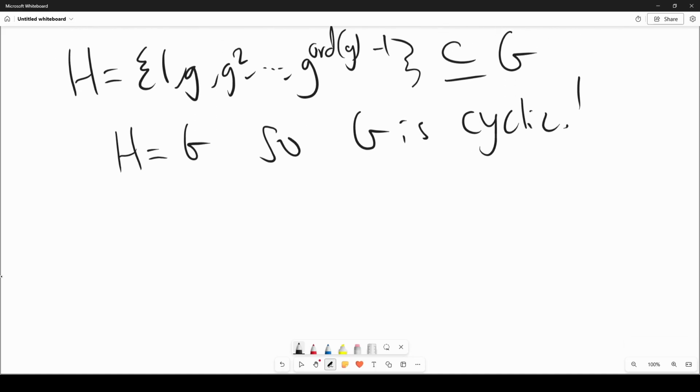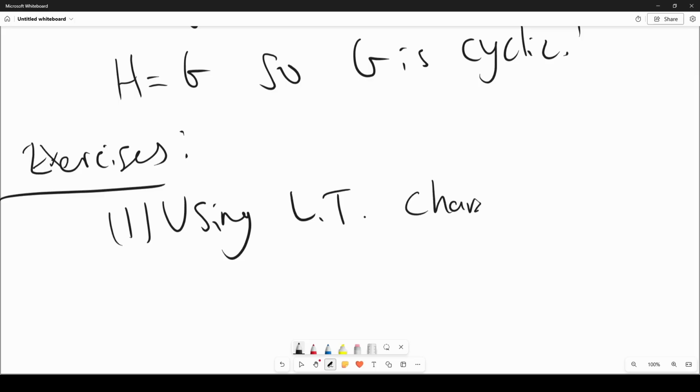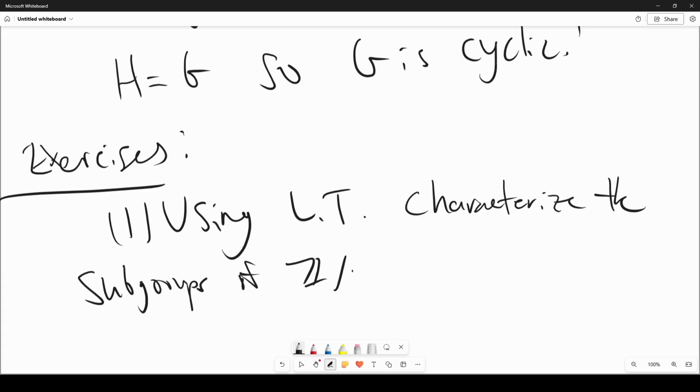Okay, now I'm going to leave off with some exercises which you can work on your own. Using Lagrange's theorem, I want you to characterize the subgroups of Z mod n for any n in the natural numbers.